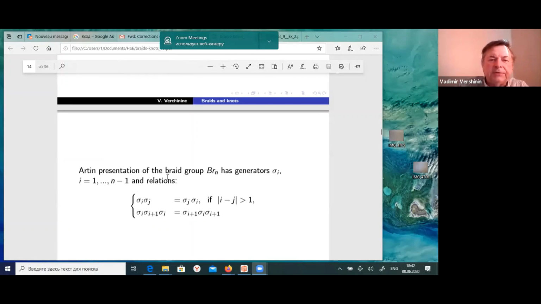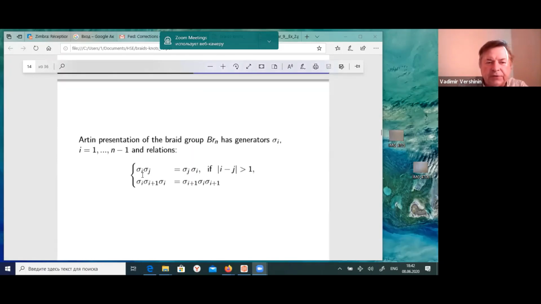The fact that this is a presentation is evident because here it means that when they are too far apart, they commute. This is evident. And this is nothing but the third Reidemeister move. So it's evident that this relation should be satisfied.